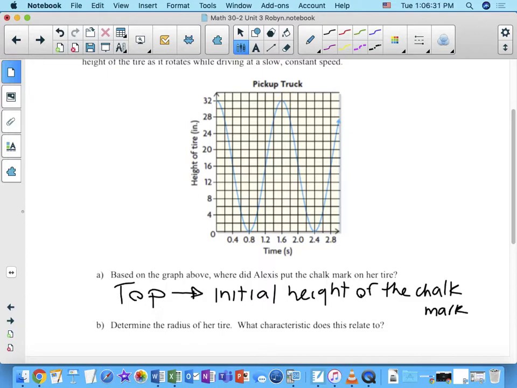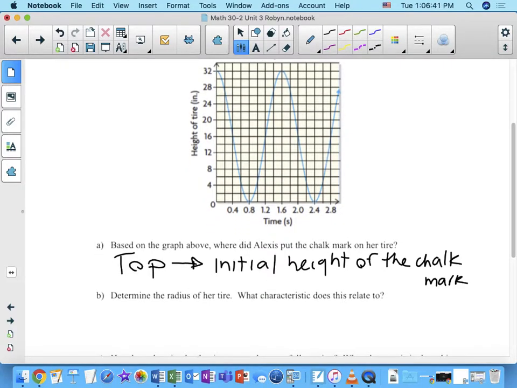Determine the radius of her tire. And what characteristic does this relate to? Okay, so let's think about this. The top of the tire is at 32. And the bottom of the tire, well, the tire's on the ground, so the bottom of the tire is at 0. Let's actually try and picture this. So here's the tire, and this is in inches. There's 32 inches. There's 0 inches.